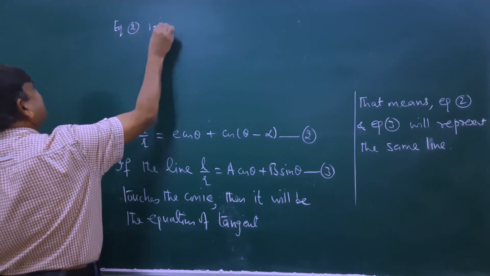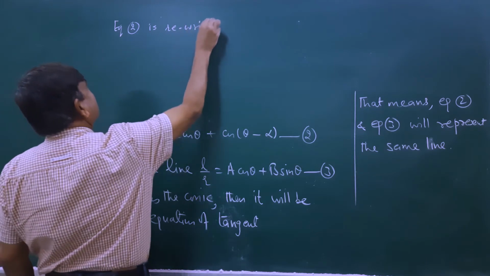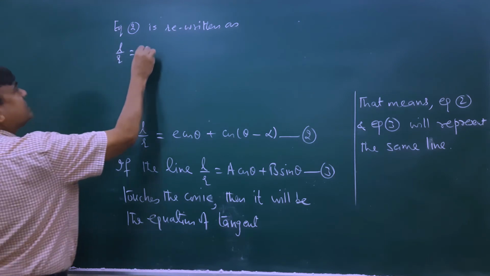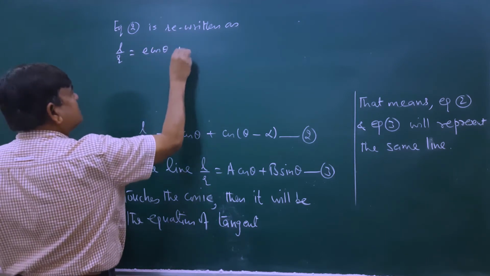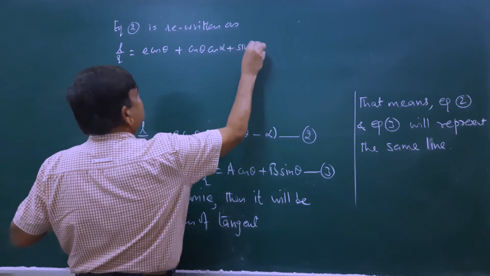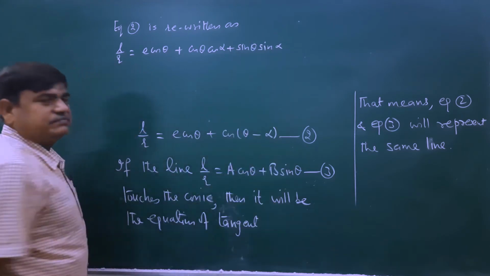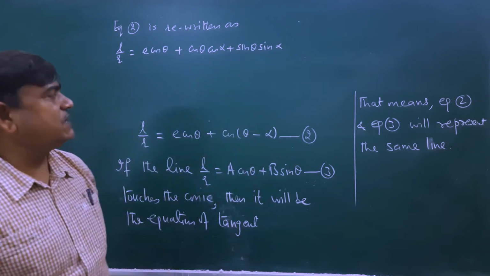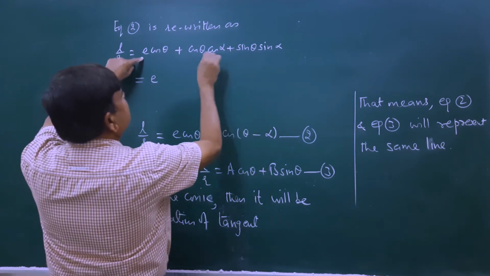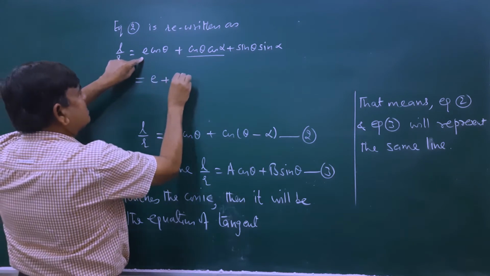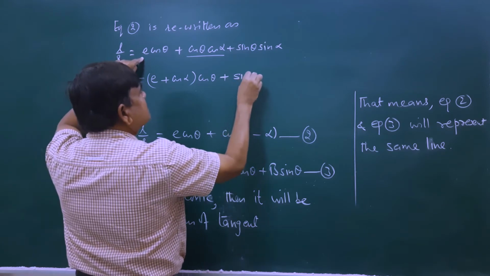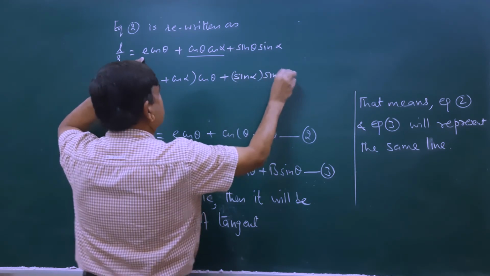Equation 2 is rewritten as L upon R equals E cos theta plus cos theta cos alpha plus sin theta sin alpha, which is (E plus cos alpha) into cos theta plus sin alpha sin theta.